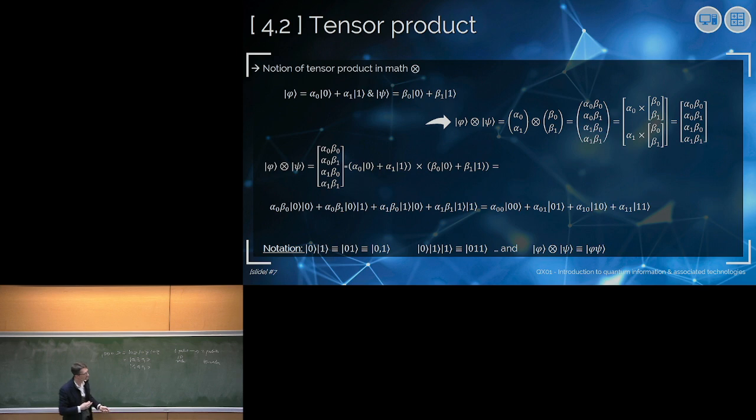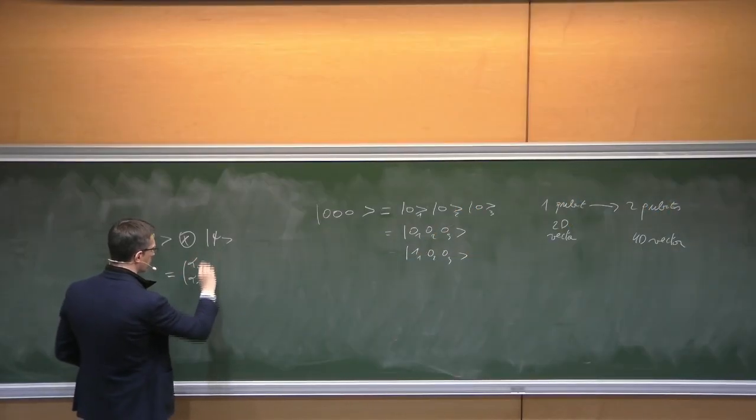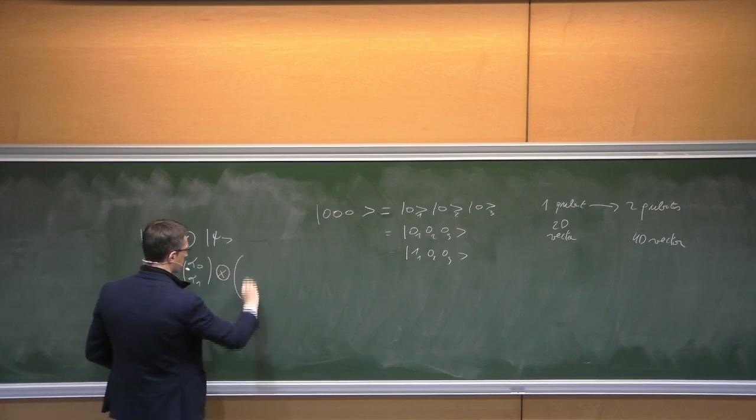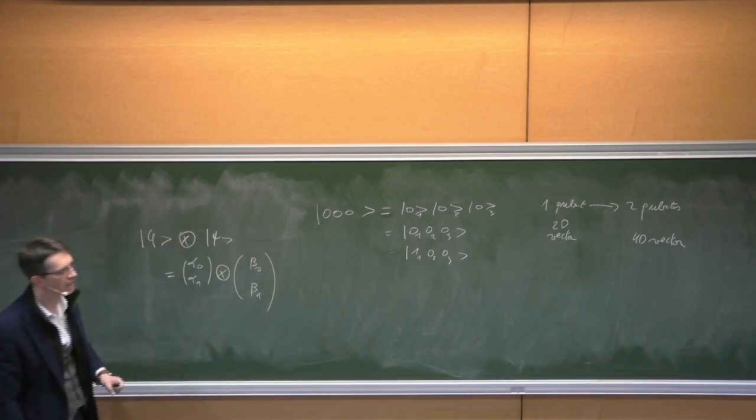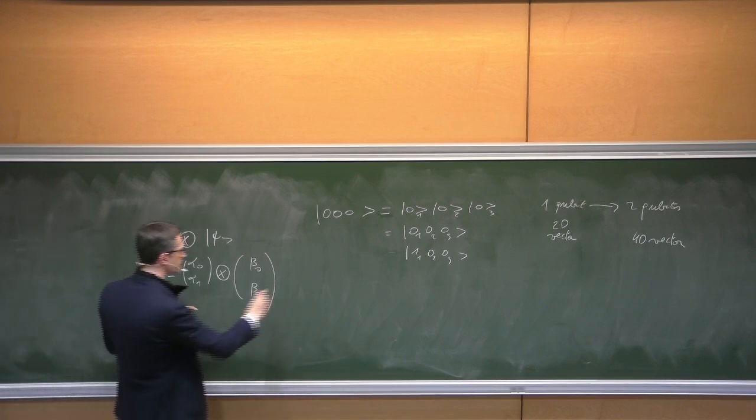So how do I do this? I start from the 2 qubits and tensor product them together. I define the first one as alpha 0, alpha 1, tensor product, beta 0, beta 1. And how do we do this?